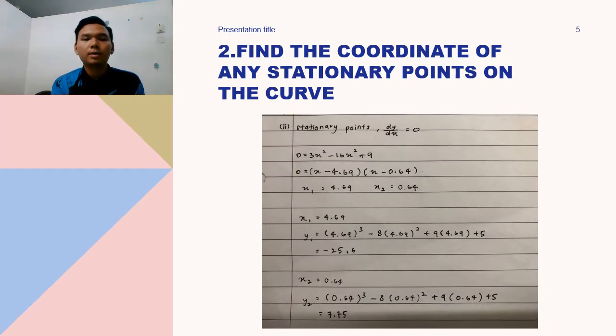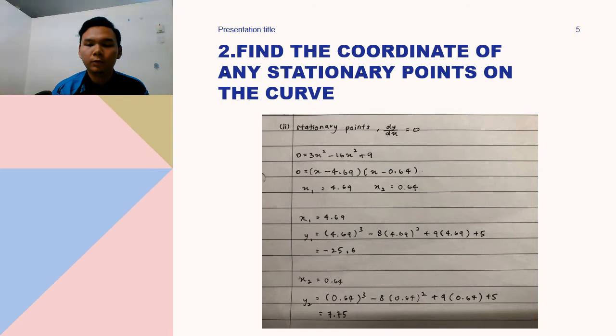So the second question is to find the coordinates of any stationary point on the curve. For a stationary point, dy/dx is equal to 0. So 0 equals 3x squared minus 16x plus 9.